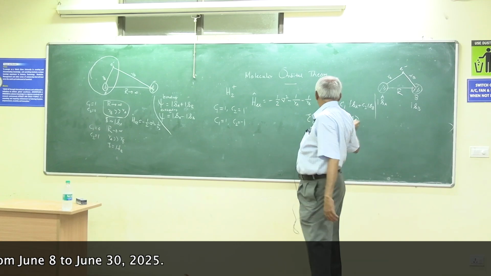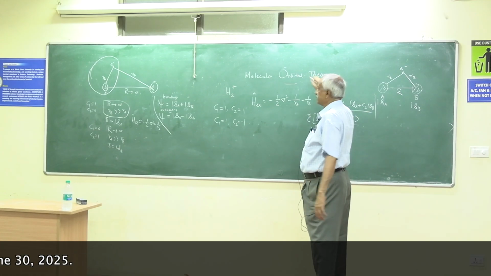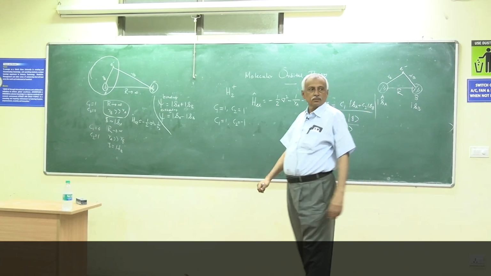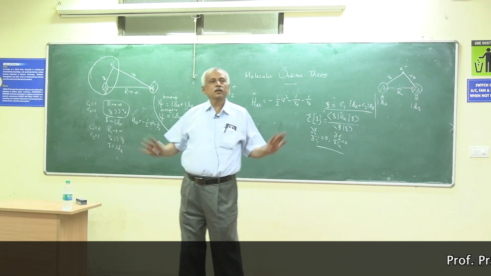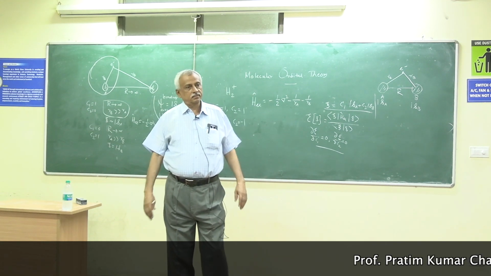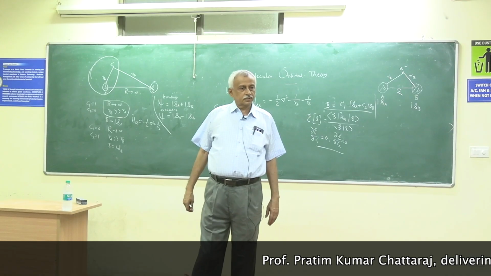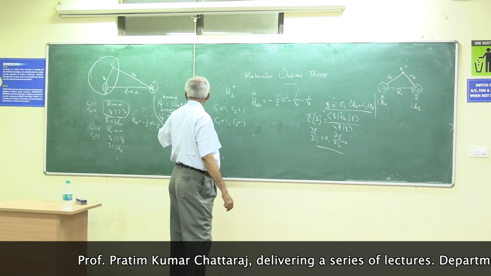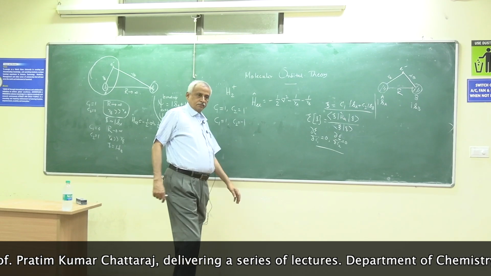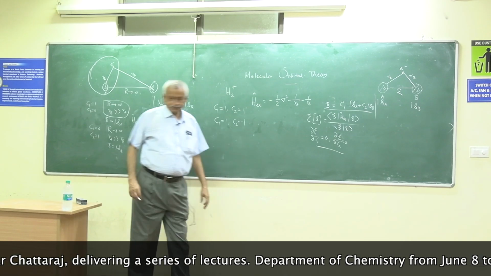And that is the trial function you get. This is your molecular orbital theory, coming from this simple physical or chemical analysis. Okay. Now, what are the natures of these bonding and antibonding molecular orbitals? Let's see.